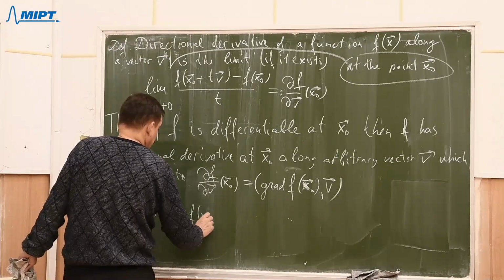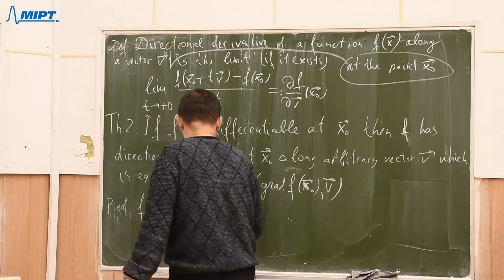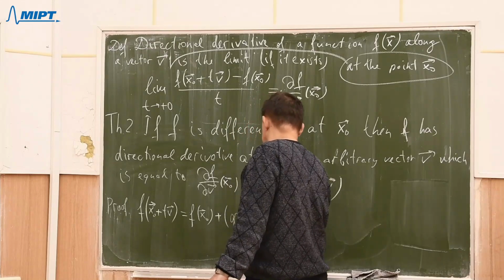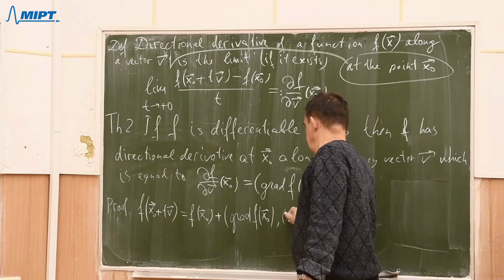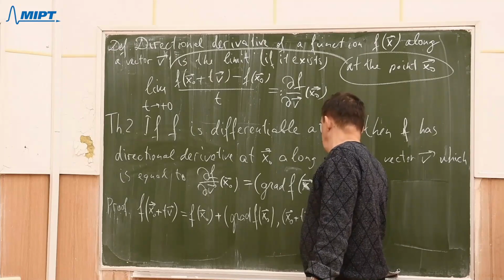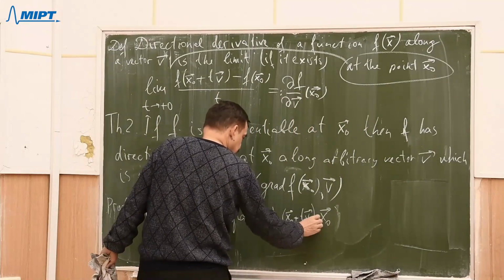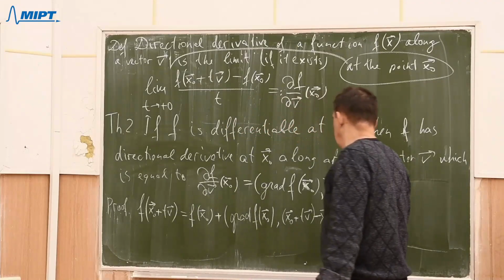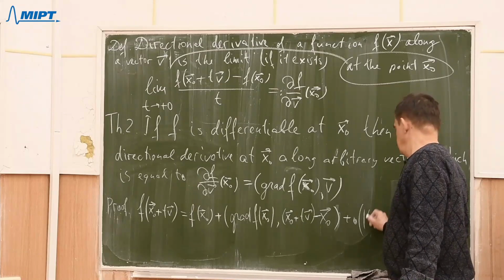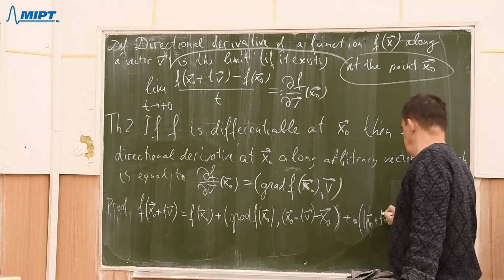We know that, according to the general definition, it can be written as the gradient times the increment of our argument, plus little o of this vector x naught plus tv minus x naught.